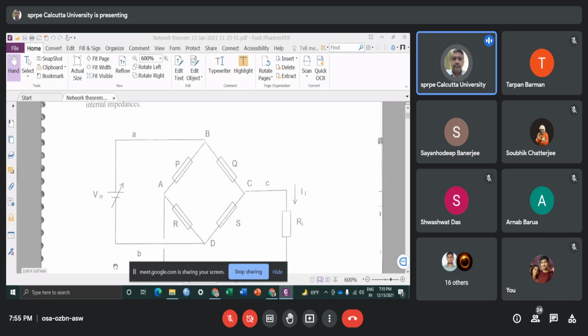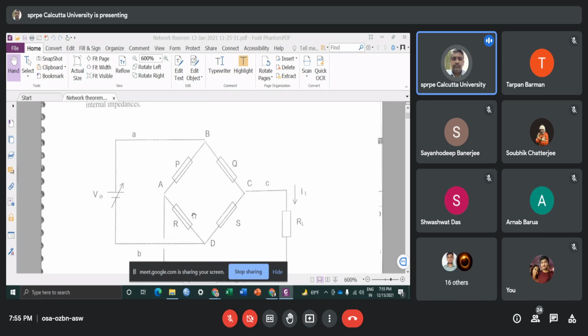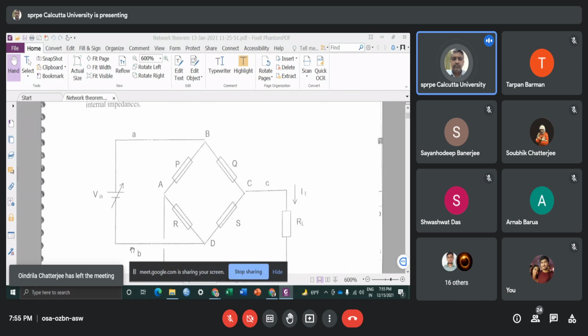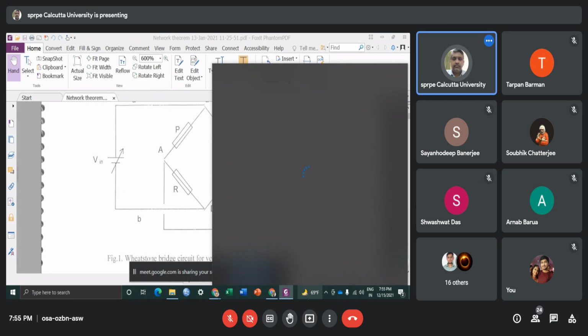Okay, now you find out the equivalent resistance that you can see from this terminal, the resistance that you can see when these 2 points are shorted together. That means when A and B are shorted together, you find out the resistance that can be seen from these 2 terminals.